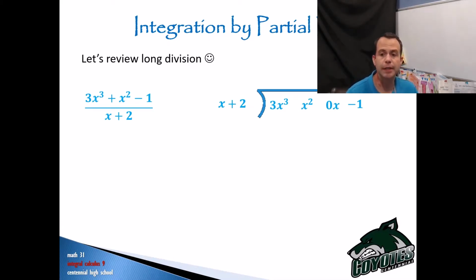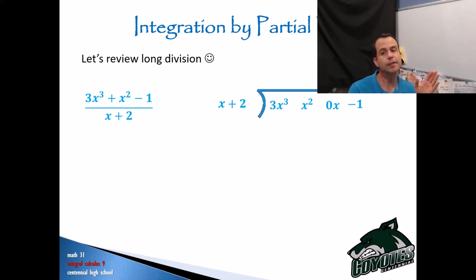Okay, so now the name of the game is I want to put something up here so that when I multiply by x plus 2, I get rid of the 3x cubed. I'm always looking for what can I get rid of at the left. You want to make the left part disappear. So I need a 3x squared because I know that a 3x squared times x will give me the 3x cubed.